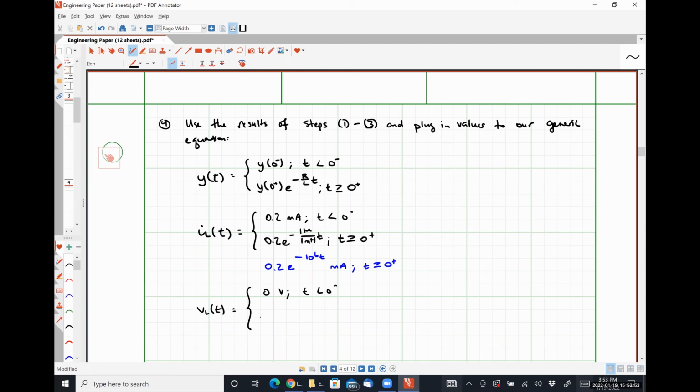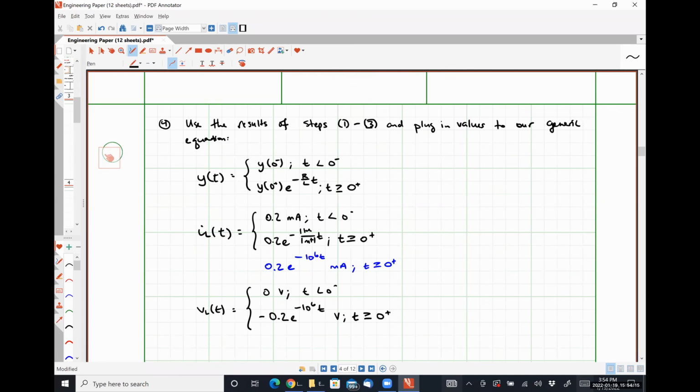Negative 0.2. And it will also have the same exact exponential decay rate. So it'll be negative 10 to the 6 t volts for t greater than or equal to 0 plus.